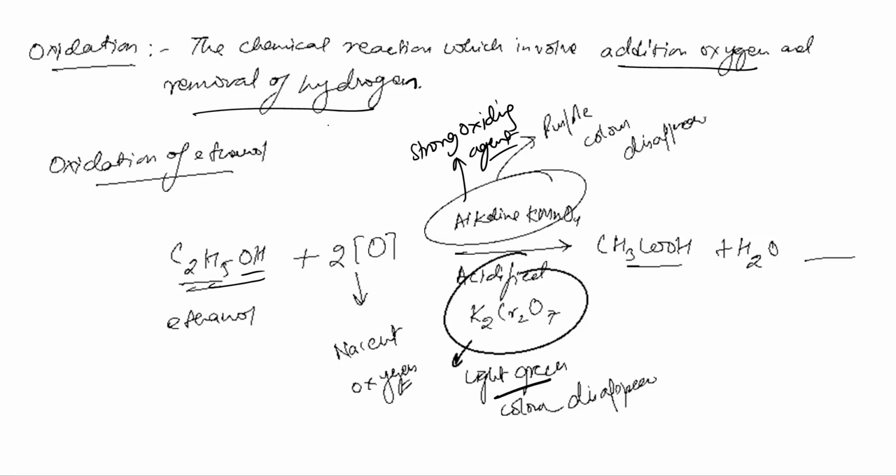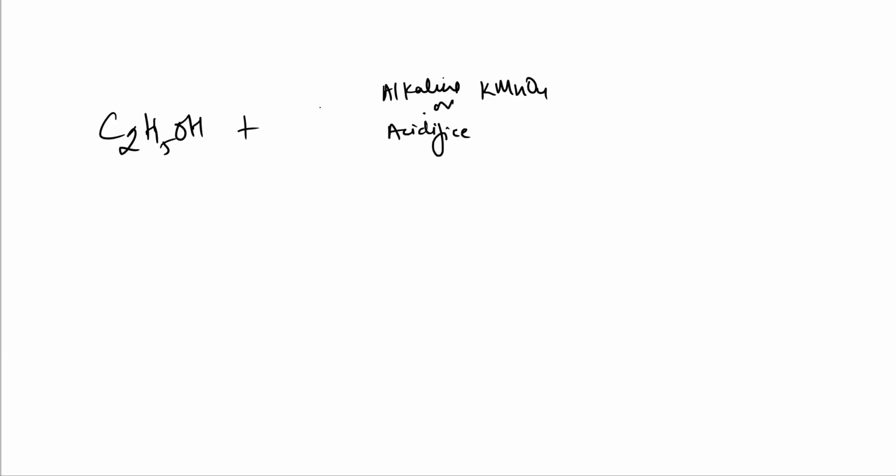Let me explain with an example: if I have ethanol, C2H5OH, and I add alkaline KMnO4 or acidified potassium dichromate, K2Cr2O7, then these are both strong oxidizing agents.